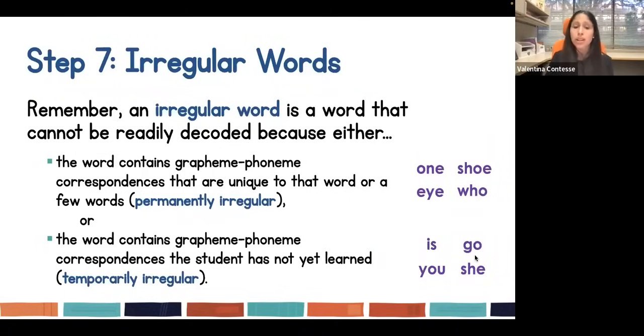Same with the word go. Students learn it as irregular first because they have not learned about open syllables and that the O can make its long vowel sound. But eventually, when students do learn that concept, go becomes a regular word for them, a word that they can fully decode.